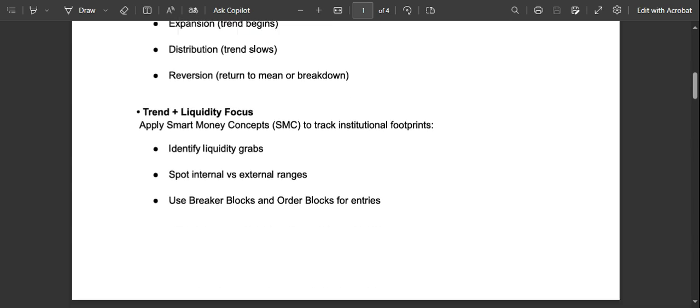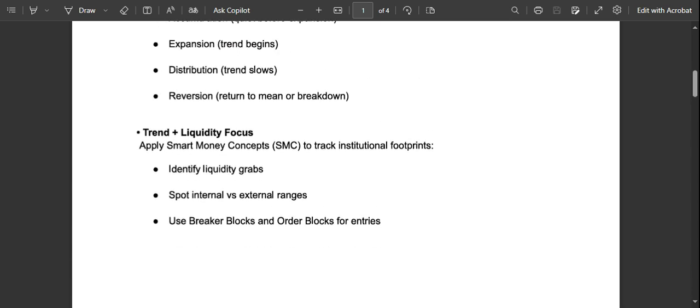Okay, so there are some focus areas that we need to implement in this theory. We need to apply smart money concepts to track institutional footprints. By now we should know how to identify liquidity graphs, spot internal and external ranges, and identify breaker blocks and other blocks for entries.